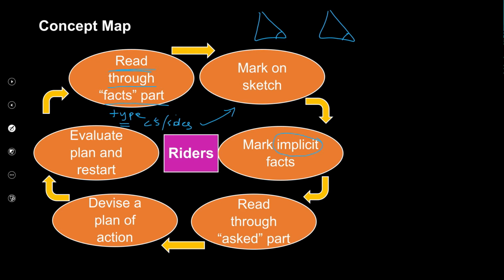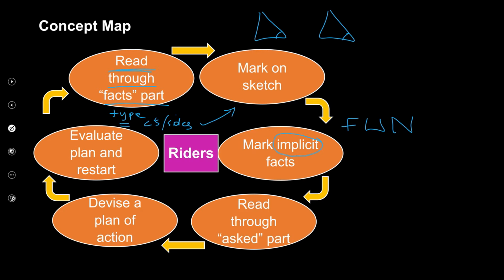So implicit facts will be when they just use terms like this is parallel to that. You know that they are not simply telling you what the properties of parallel lines are, but because you know that they are parallel, then you can think about your corresponding angles, you can think about your co-interior, you can also think about your alternate angles.